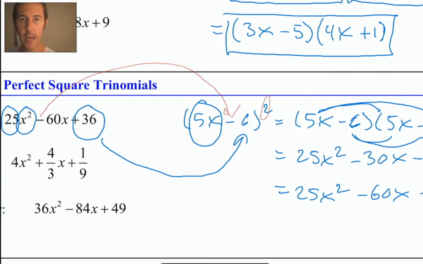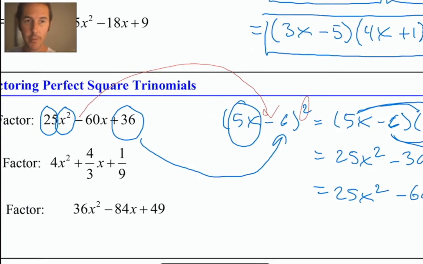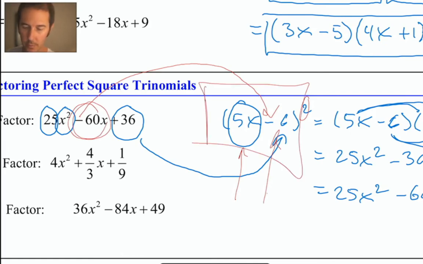But you don't want to do that and write that down as a final answer unless you're sure that the original thing is a perfect square trinomial. So that's why I did this times this, and then I doubled it. And since it did indeed give me the negative 60x, I knew that this was the right answer.